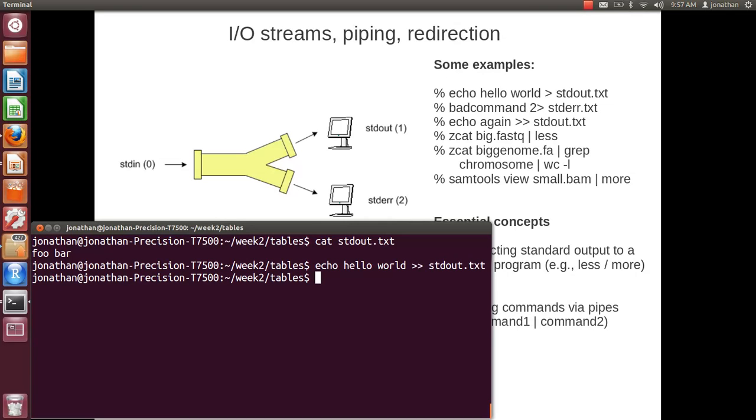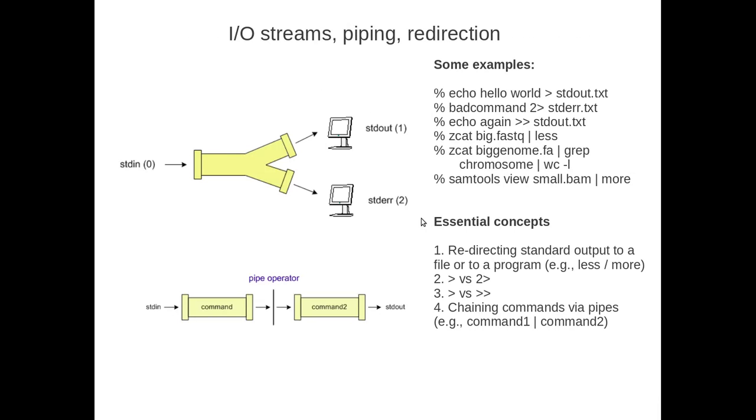And now what do you think will happen? Well, now we have both. Here we just had foo_bar. Now we have foo_bar and hello world. So we appended hello world in this command to that file using the double sideways caret.